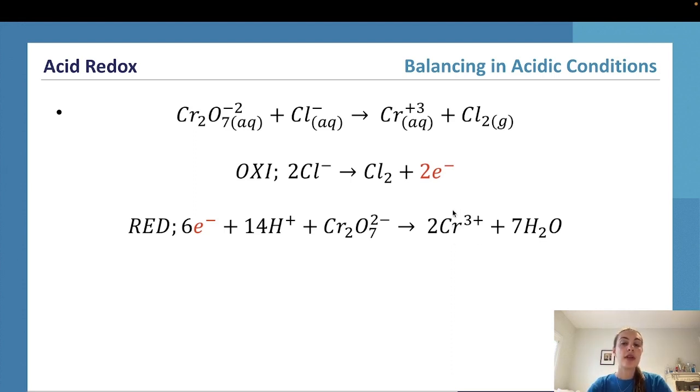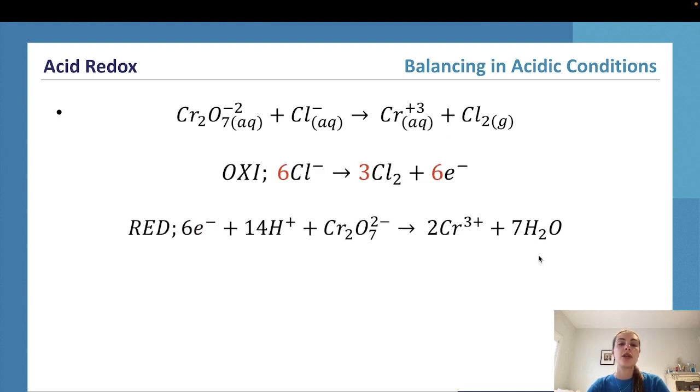So we've got 6+ on this side and 12+ on this side. In order to have the same charge on both sides, we need to put 6 electrons on the reactant side, so that 12 minus 6 gives us +6 on the reactant side, and then we've got +6 on the product side.